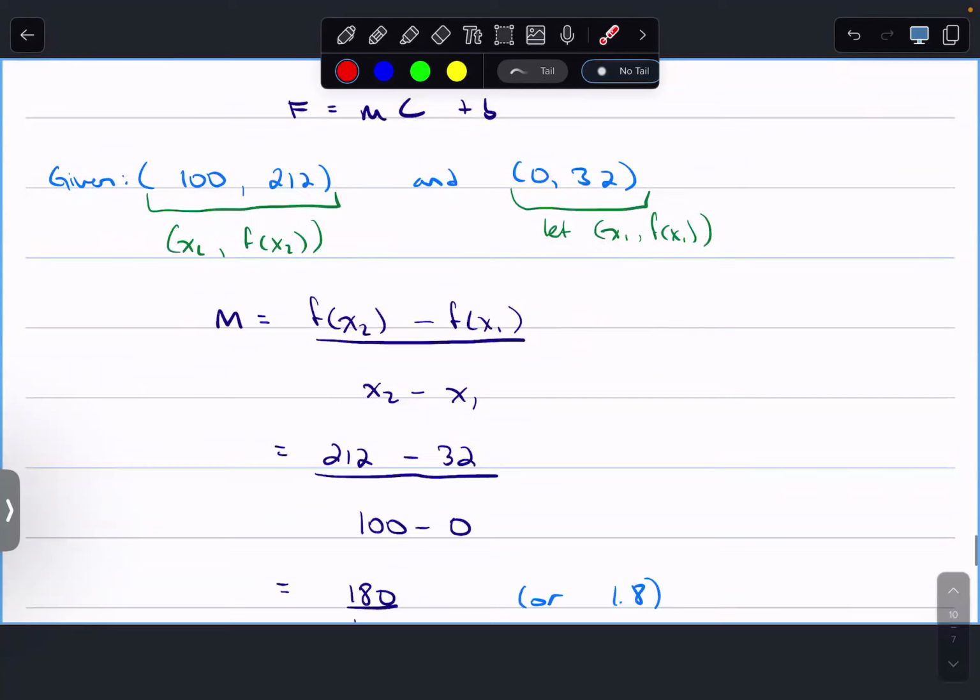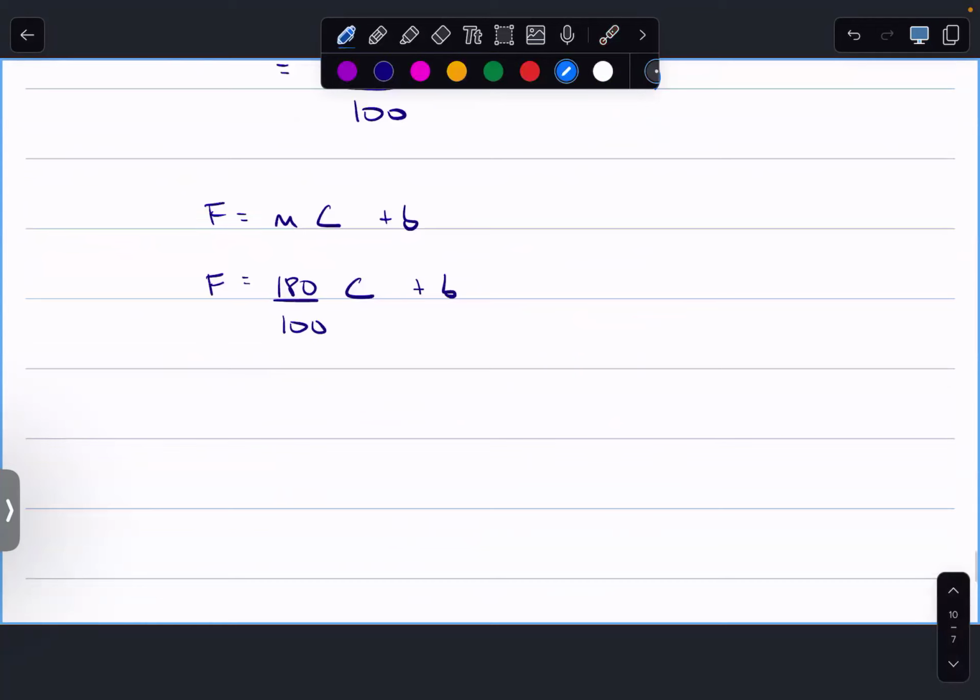Why not? I will use 100 to 212 because 0, 32 is too easy.